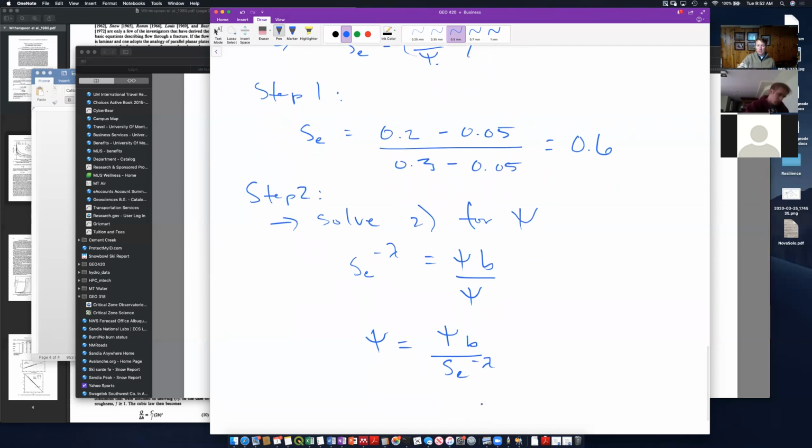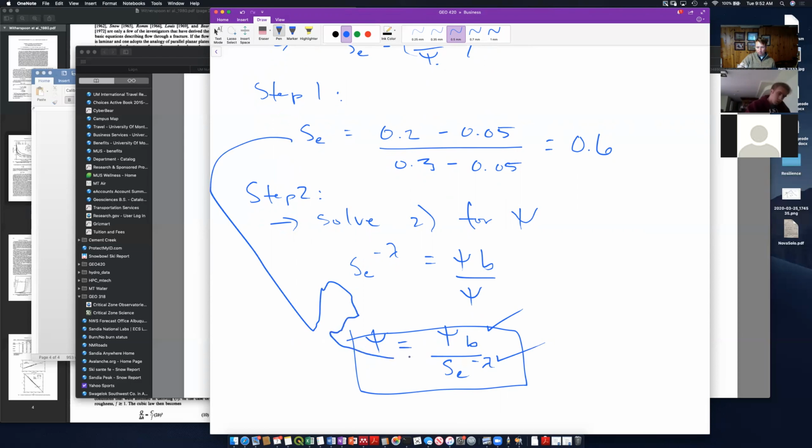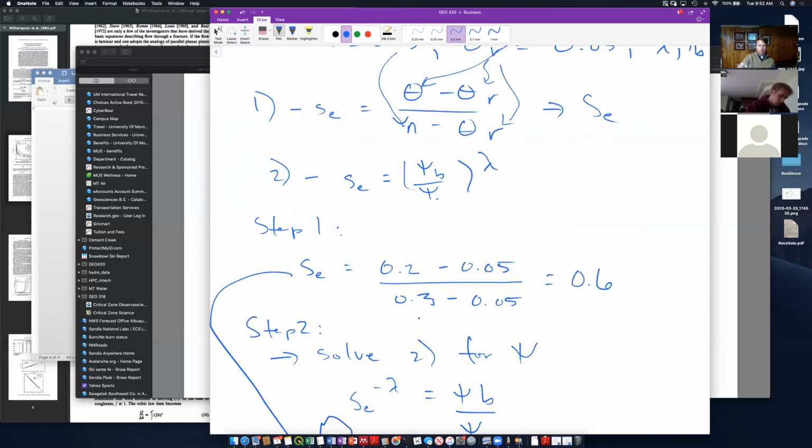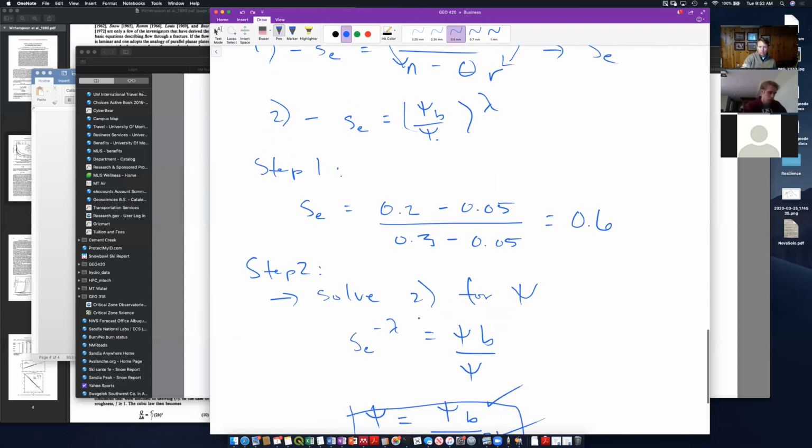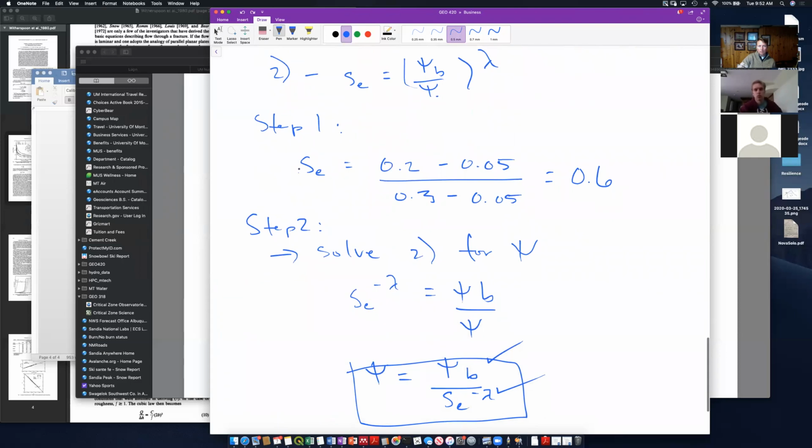All right, so now I got an equation. I will be given psi B, and I'll be given lambda. And I've got this guy from step 1. And so I can calculate psi.